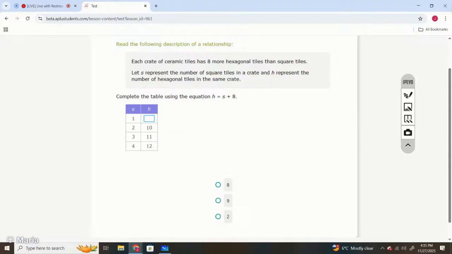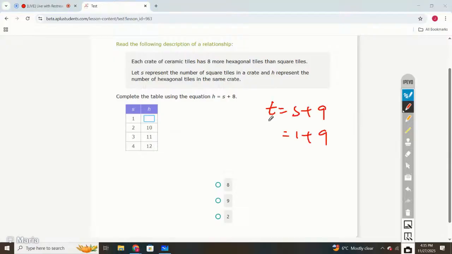Complete the table using the equation h equals s plus 8. So s equals 1. That is h equals 1 plus 8.